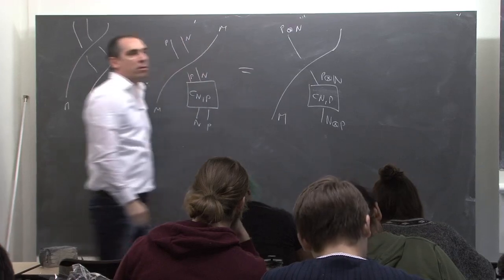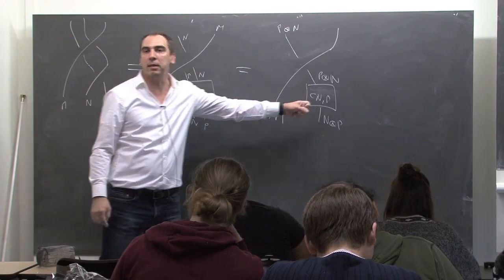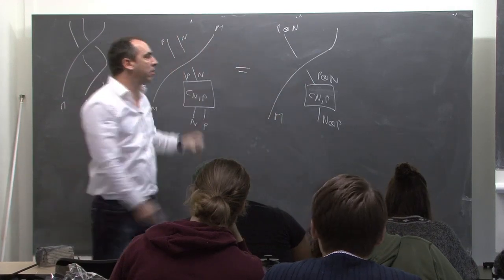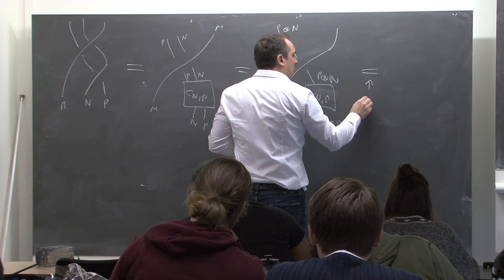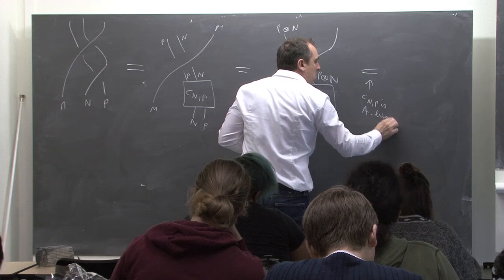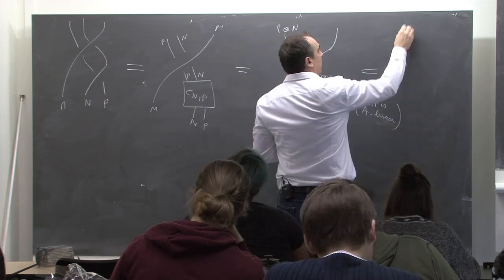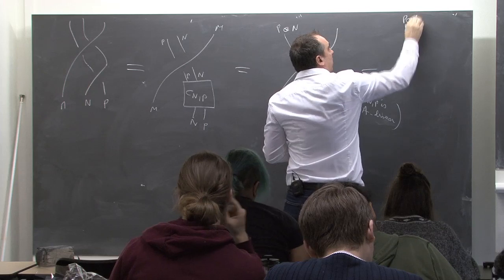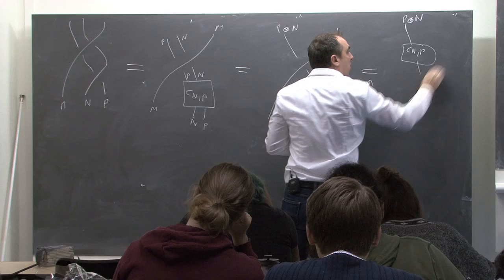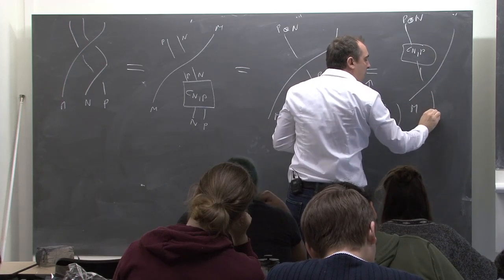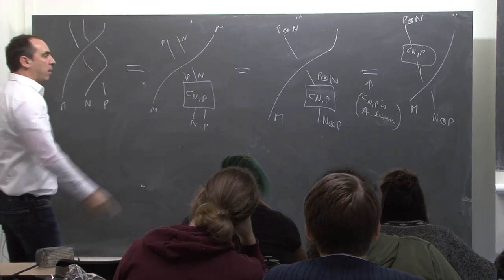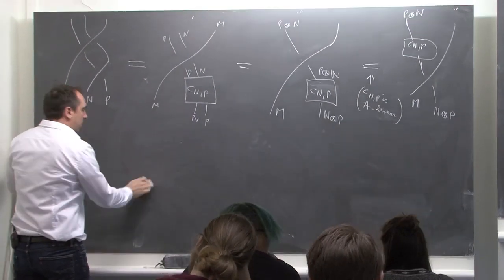Now, what can I do? We have seen that the braiding C is A-linear, so we can slide A-linear morphisms. C_{M,P} is A-linear. So we can slide, so we have this P and C_{M,P} times P. And again, I use the last equation.